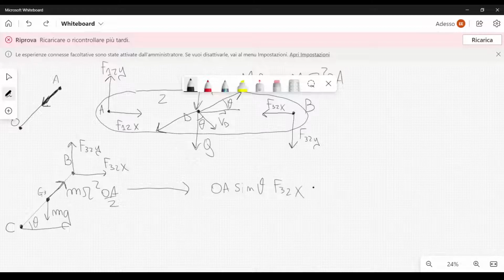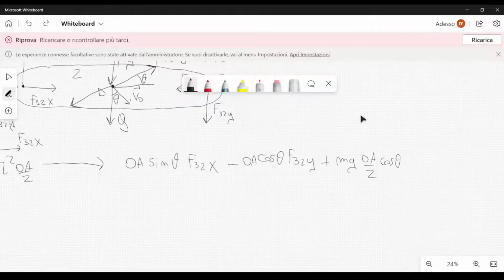Then we get minus OA cosine theta f32y, because in this case for f32y the length that I should consider is this one with respect to this axis, and this is just CB times the cosine of theta, but CB is equal to OA, so I can write OA here, and then we have plus mg OA over 2 cosine theta, the moment generated by mg, and this is equal to 0.